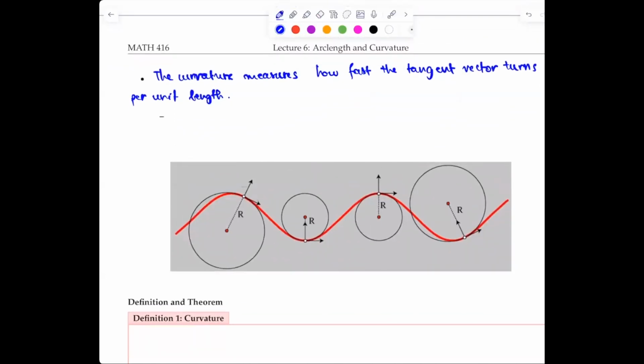This statement we just wrote down will help us write down the formula for curvature with respect to the tangent vector.